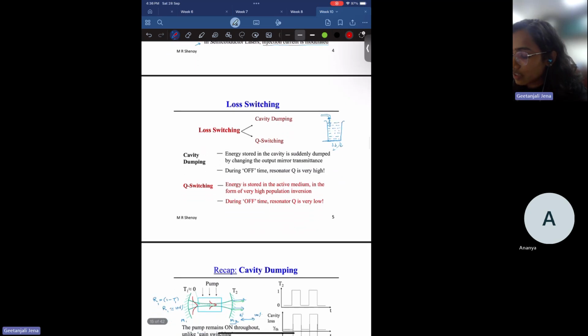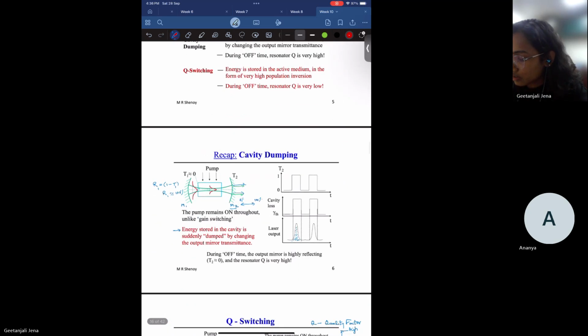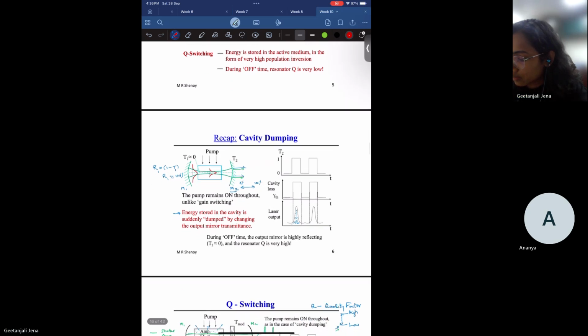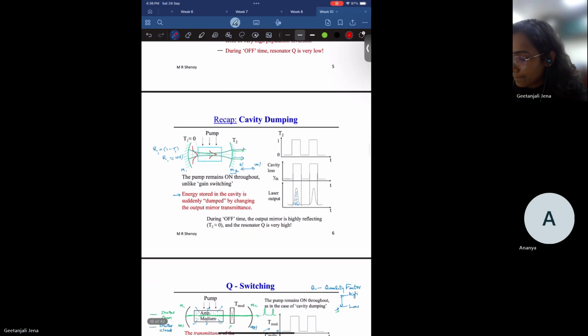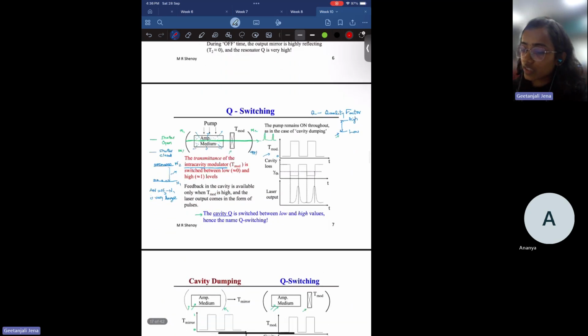So the next one is Q switching. These are some repetition, so let me not go through this. So in Q switching, as I've said, we change the energy stored in the active medium. To change the energy stored in the active medium, what do we use?